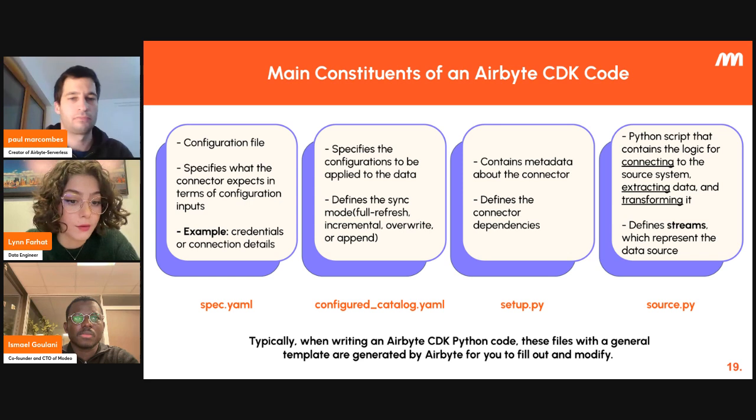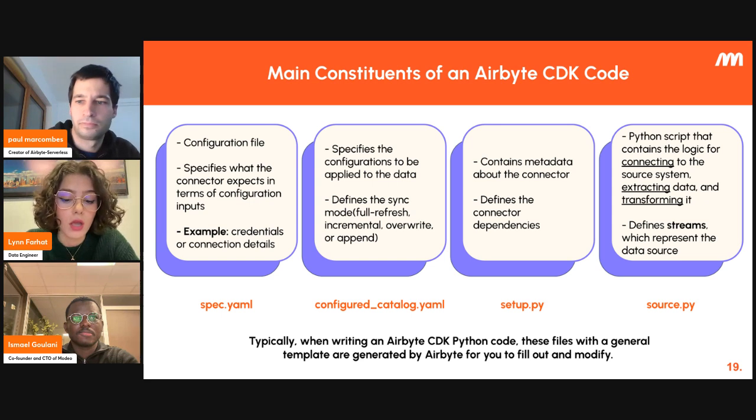The second file is the configured catalog YAML. This will specify the format of the data that is to be retrieved, the JSON format, and this is also where you define the sync mode. So when you obtain the data, you choose whether you would like full refresh or incremental, and when you load the data into the destination, you get to choose if you want to overwrite or append the data.